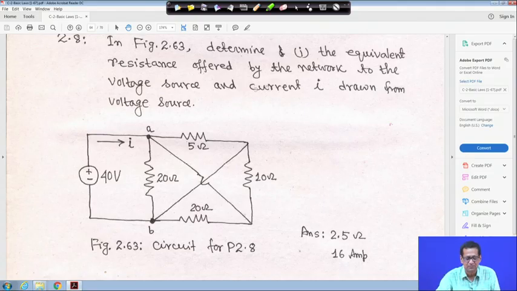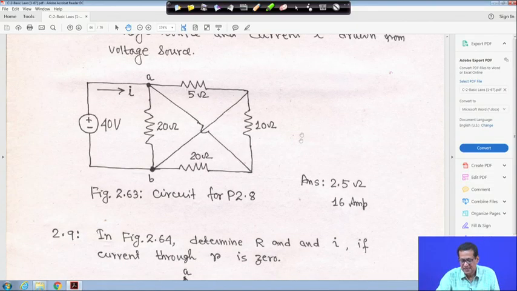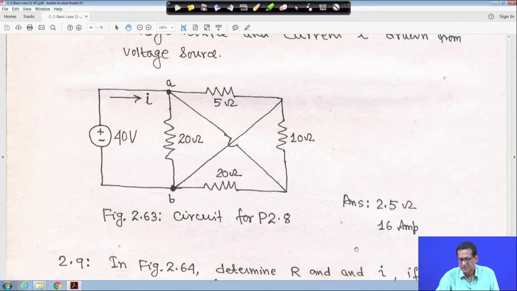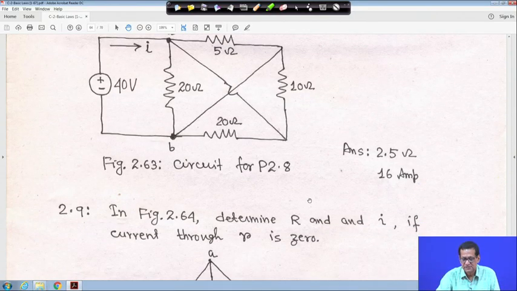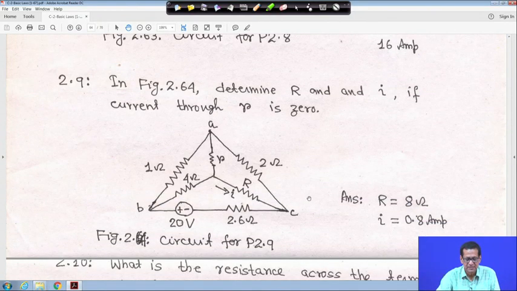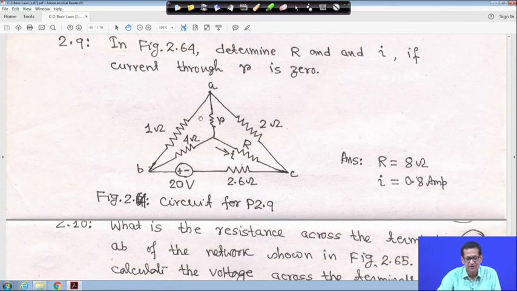The answer is given: 2.5 ohm and 16 ampere.